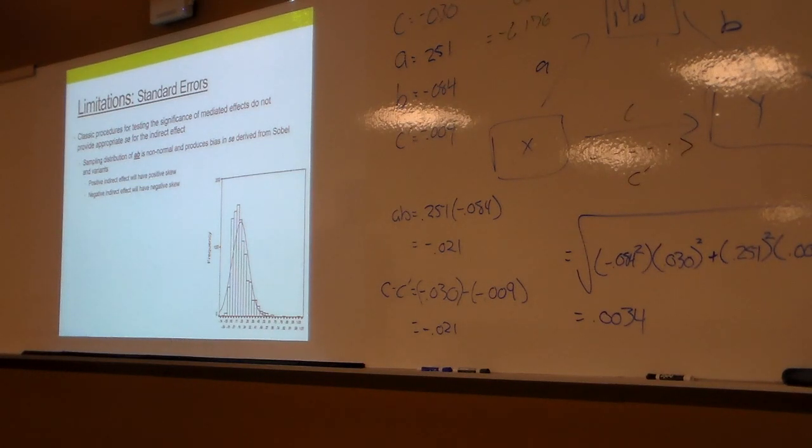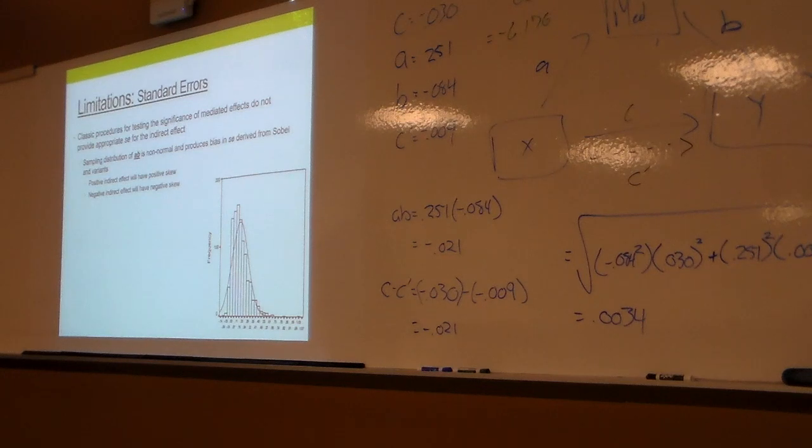And so what ends up happening is if we apply a normal theory to a sampling distribution that's not normal, our standard error isn't precise, okay? So if in this example I were to run this study and then replicate it 5,000 times, what I would find is that the distribution of my AB effect is not going to be normally distributed.